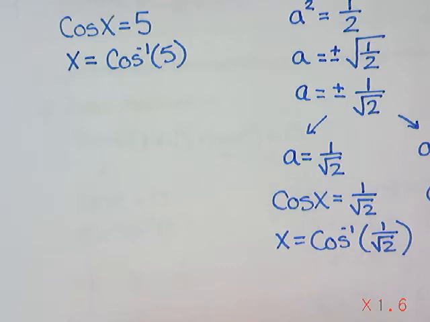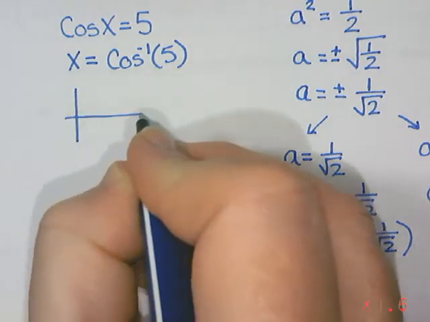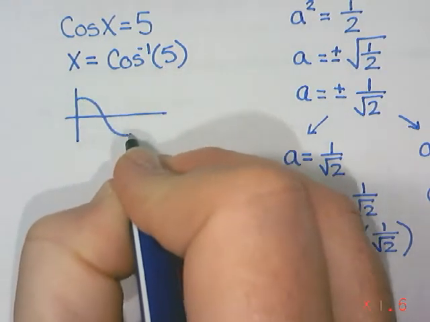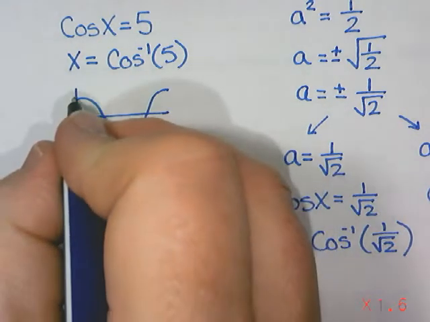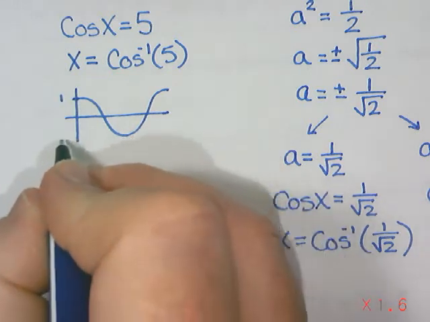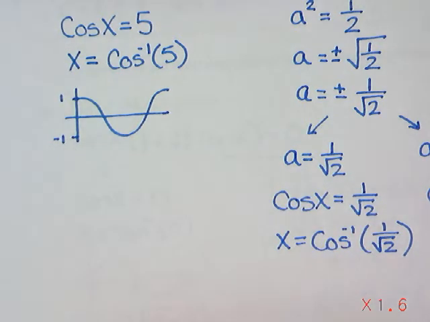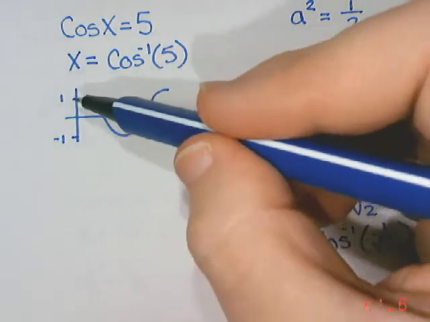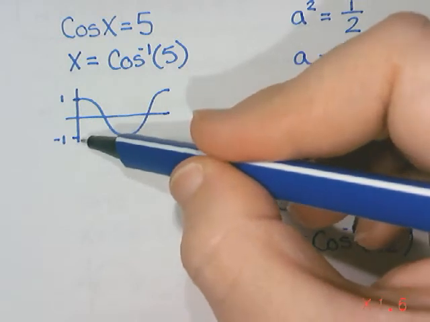If I were to look at the graph of cosine, which you have on your yellow sheet, but as I mentioned in a previous video, I don't have my yellow sheet with me. The highest my graph goes is 1. The lowest my graph goes is negative 1. So the only values that I can read off of the graph would be positive 1, 0, and negative 1.